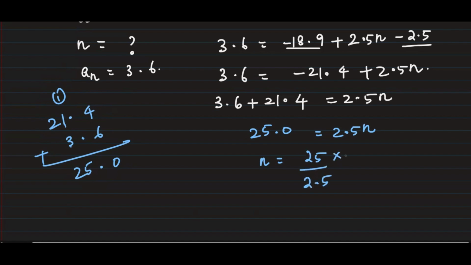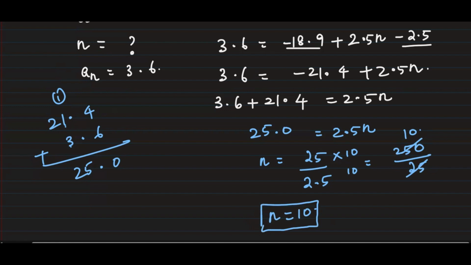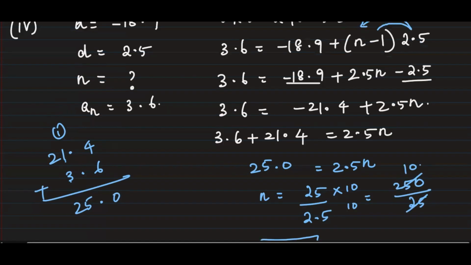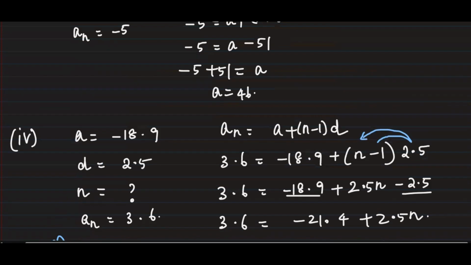Let's multiply by 10 on both, so that becomes 250 by 25. So N value is equal to 10. Fine, clear now? Easy. So that was exercise 5.1.